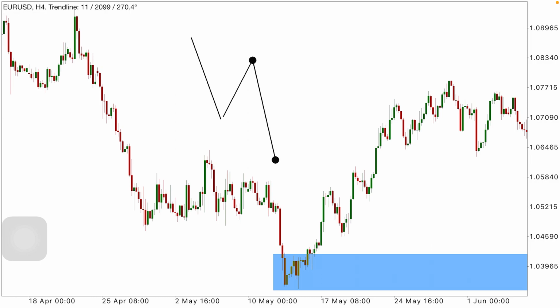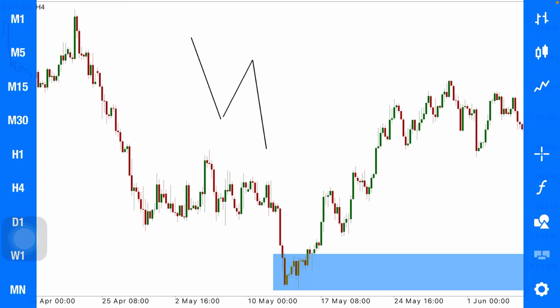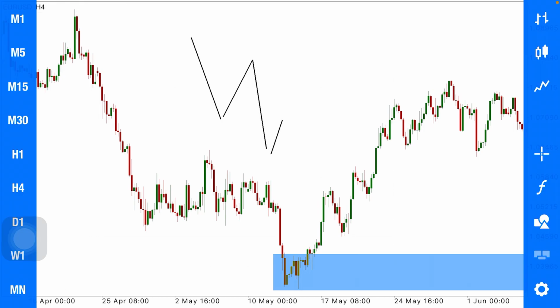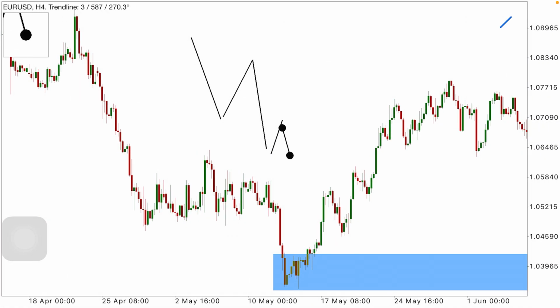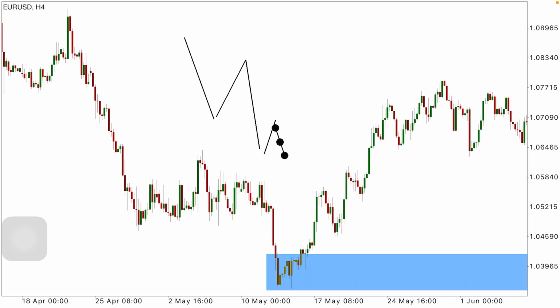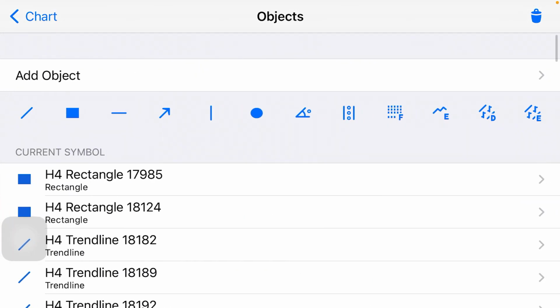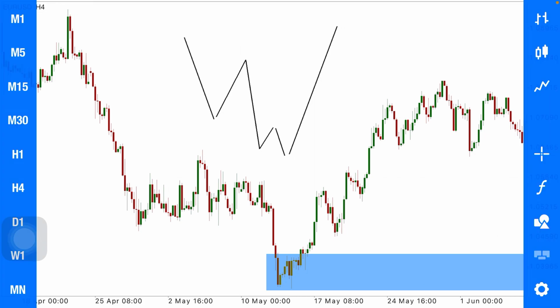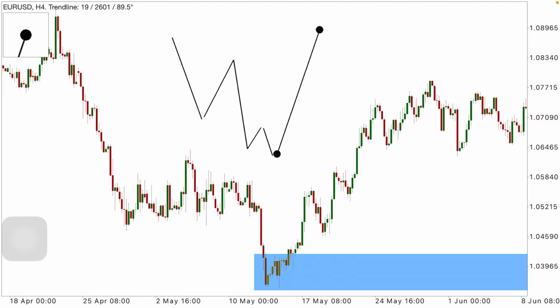The market sold down, and now we see the market do something like this, but I'm just trying to draw a demand zone for you. All right, so this is some sort of demand zone.